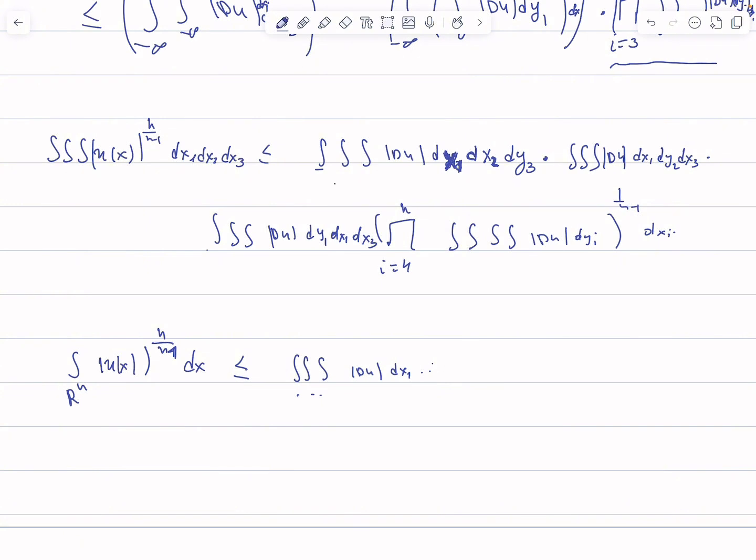Always this will be increased by 1. We take n minus 1 times, but the last one is the n-th time. When we do the last time, it becomes the product over i equal to 1 to n of these integrals. So this is our du dx to the power n divided by n minus 1.